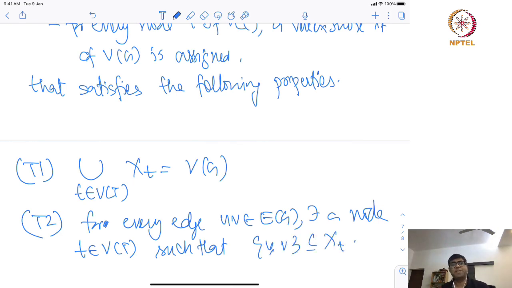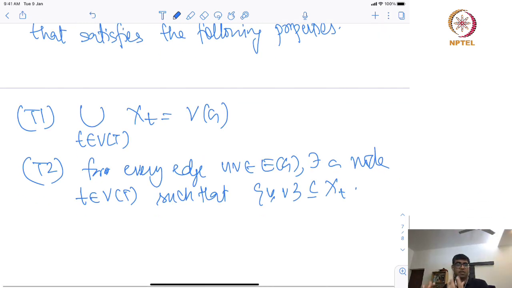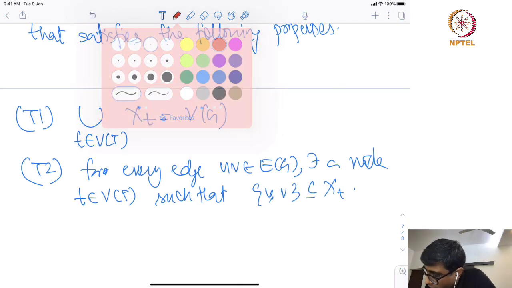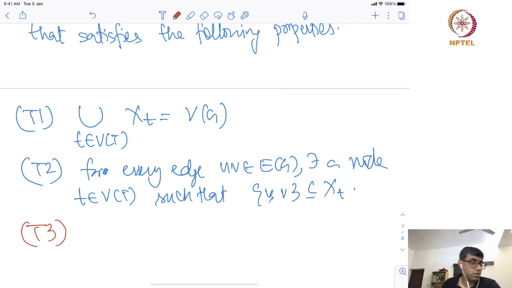Meaning for every edge uv, there is some bag that contains both u and v. Okay. This is also like, you know, every edge occurs somewhere. And finally, and this is an important property that we have been talking about up until now. Okay. And what is T3?